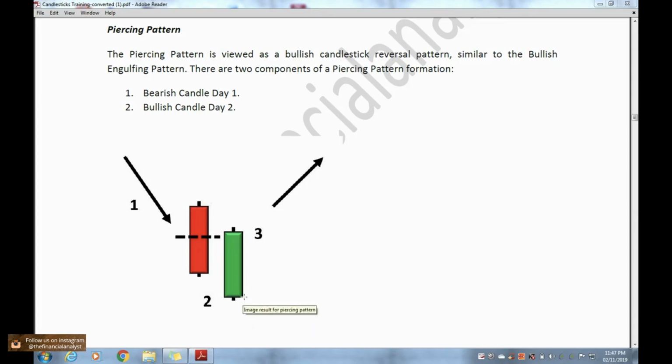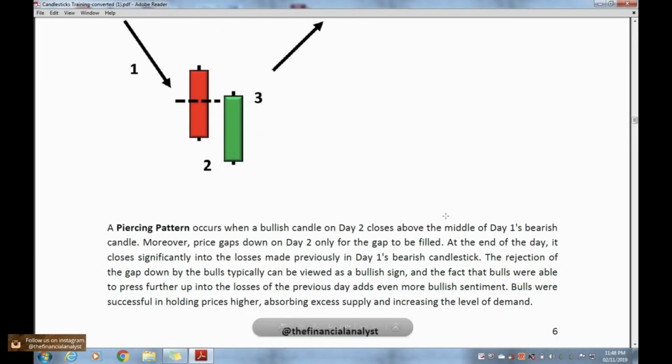Prices are going to open lower, but at the end of the day, they are going to close higher, and there will be a new rise in the prices. So it consists of two candles. The first candle will be the red or bearish candle, and the second candle is going to be a bullish candle. So let us study the characteristics in detail.